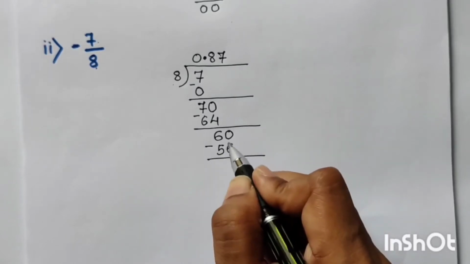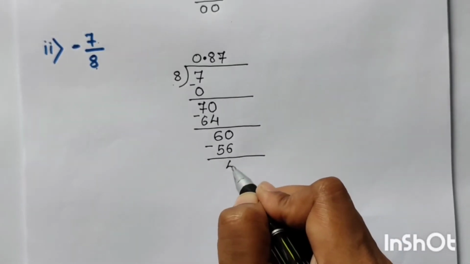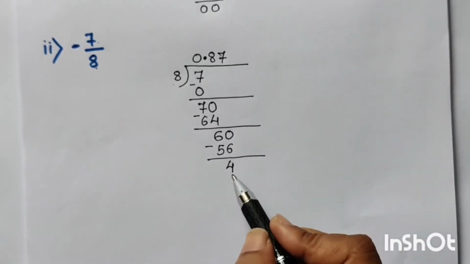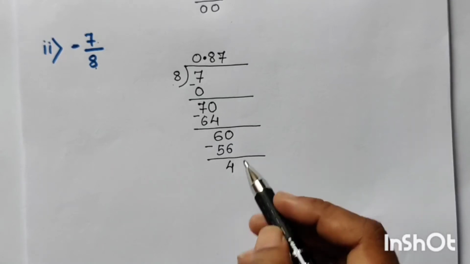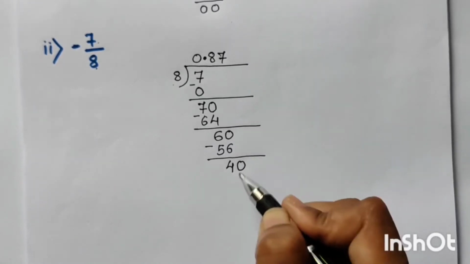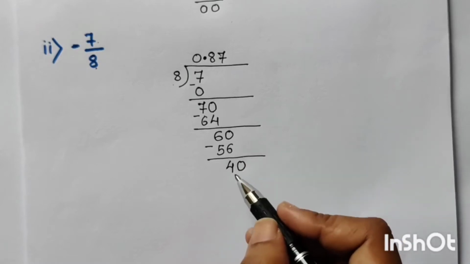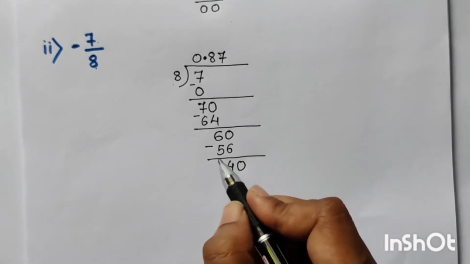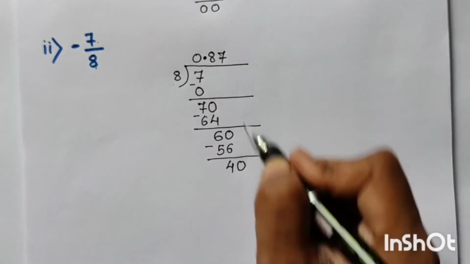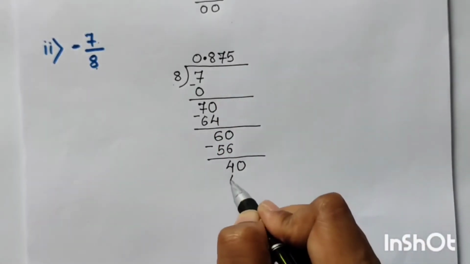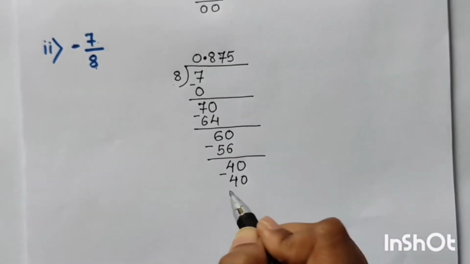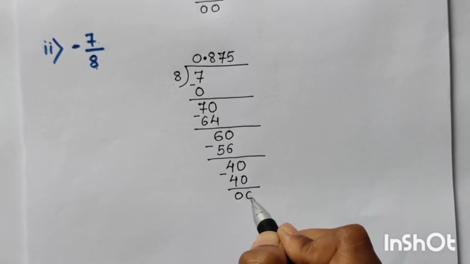Again put the minus sign. 60 minus 56, we get 4. Again the remainder is not 0, so again we put 0 after 4. Then divide 40 by 8. 8 5s are 40. 40 minus 40, the remainder we get is 0.